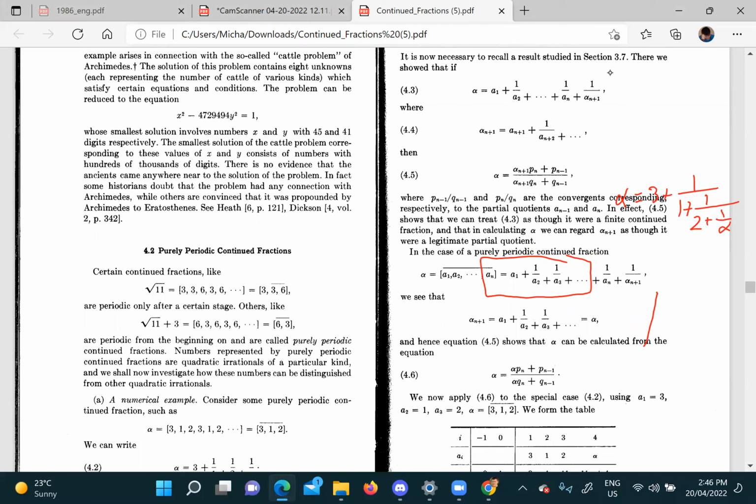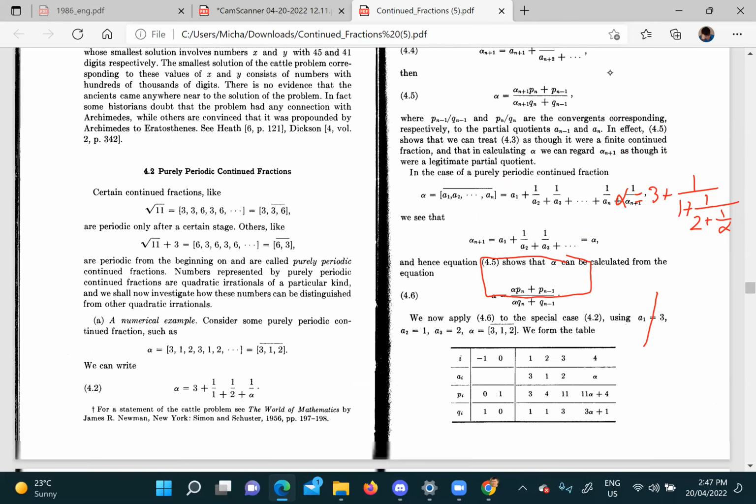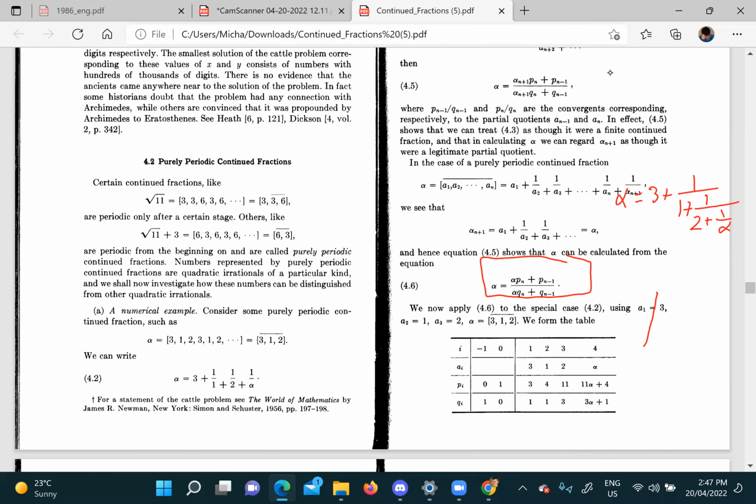Whoa, crazy, what just happened? We already have that. So alpha_{n+1} is alpha because it's the same as before, right? That's a natural next step, just to replace alpha_{n+1} by alpha.